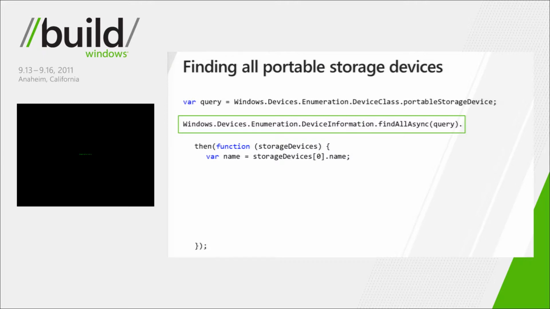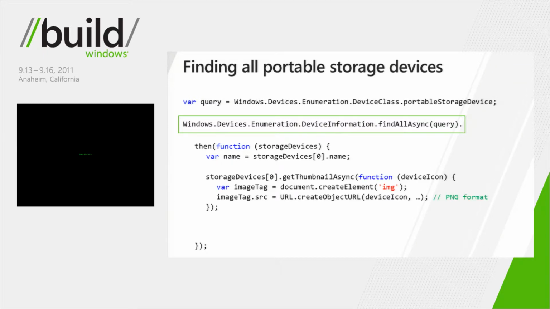So in that function, the result is actually an array of device information. And basically, device information like the name that you can print out. So in this example, we took the name of the first device. We could have looped through the array and get every single device, but for simplicity, I used the first device. And you can get the thumbnail of the device. And the thumbnail is basically the device's icon.